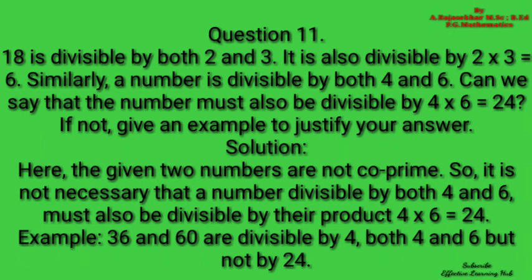Solution: here the given two numbers are not co-prime. So it is not necessary that a number divisible by both 4 and 6 must also be divisible by the product 4 times 6, which is 24. Example: 36 and 60 are divisible by both 4 and 6, but not by 24.